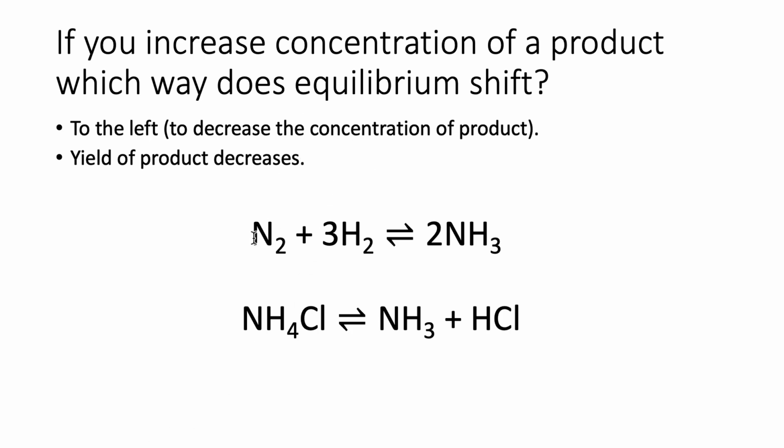If I instead increase the concentration of product, the system wants to decrease that concentration, so it will shift to the left and the yield of the product will decrease. So to summarize, you've got the concentration of product and reactant effect.